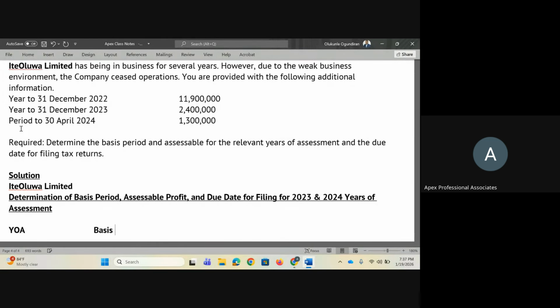Business period, assessable profit, and we have due date.